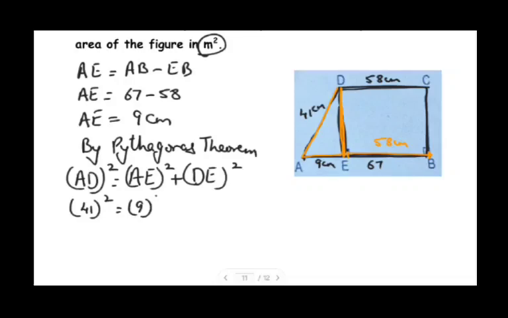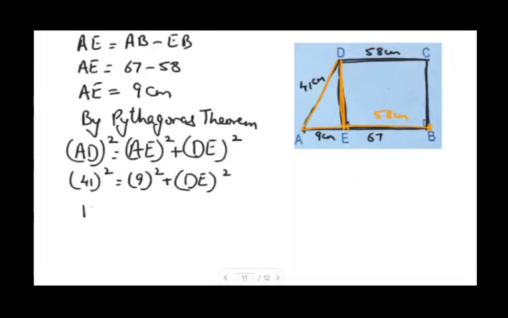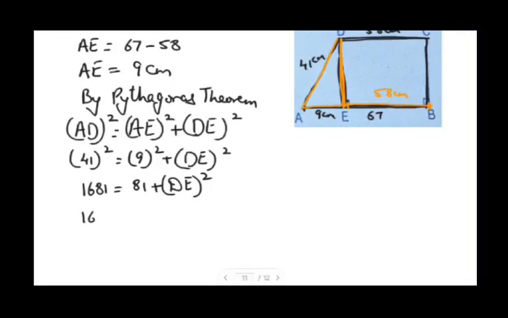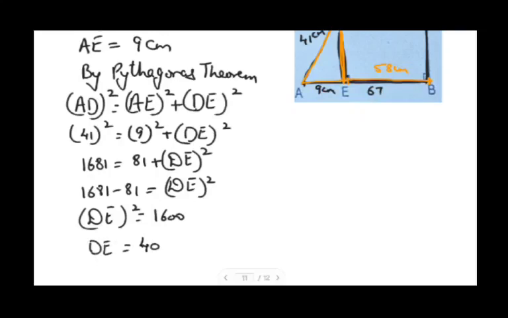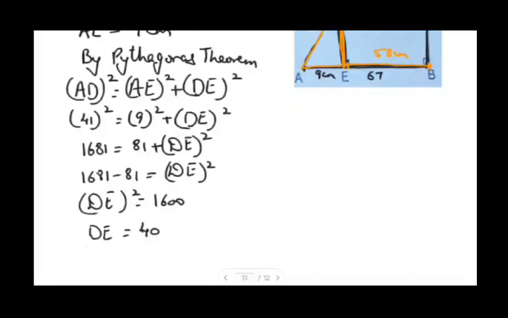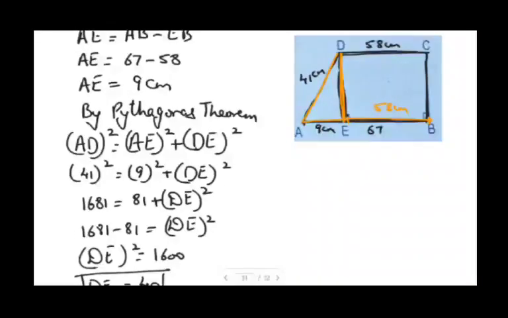It's 9 square plus DE square. 41 into 41 is 1681. 9 into 9, 81 plus DE square. 1681 minus 81 gives me DE square. DE square is 1600. DE is equal to 40. 40 into 40 gives me 1600. Okay, so I have got my height, which is 40 centimeter. Correct?